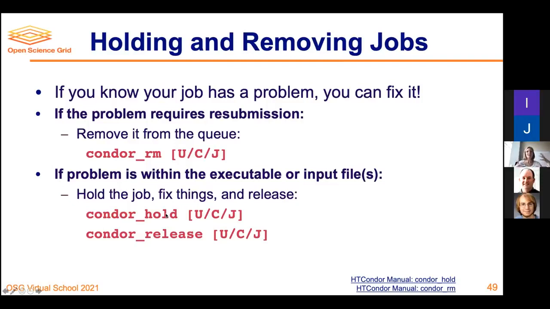As long as the same file paths from your original submit file apply, the jobs will run, use those new executable and input files, and should complete successfully if you've truly fixed the problem. So you can hold jobs yourself, and you can release jobs to rerun, but you should only ever release jobs to rerun if they were held for a reason that you know you fixed.